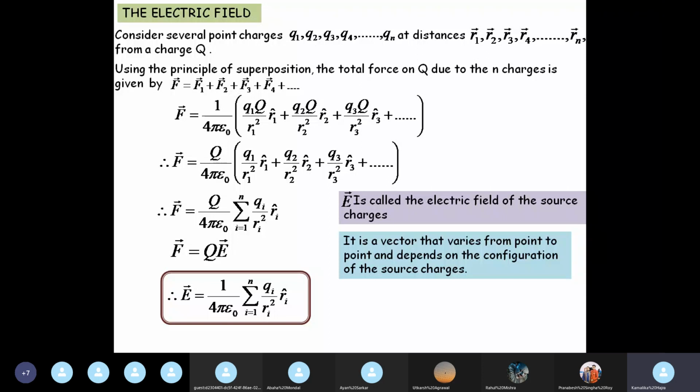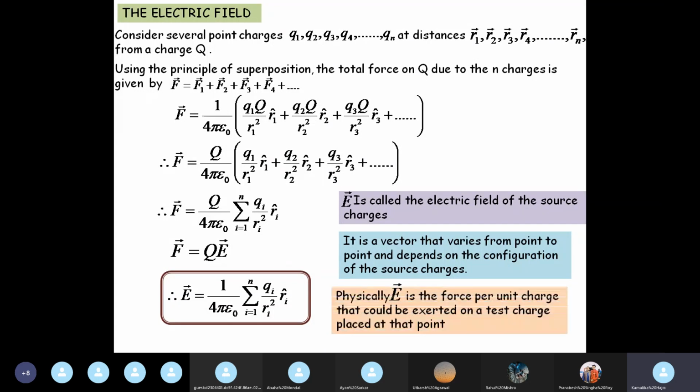It means that it depends on the positions of the source charges, because each has a different position. Depending on the position of a particular source charge, the total value of E will vary. So it is a function of r, varies from point to point, and depends on the configuration of the source charges.